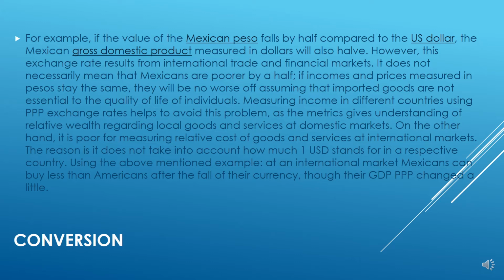The reason is it does not take into account how much one US dollar stands for in a respective country. Now, using this example, at an international market, Mexicans can buy less than Americans after the fall of their currency, though their gross domestic product purchasing power parity changed a little.